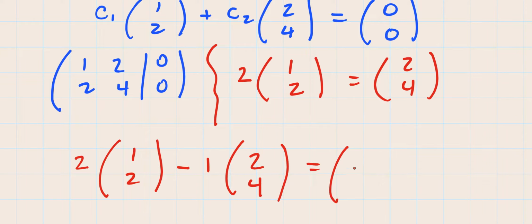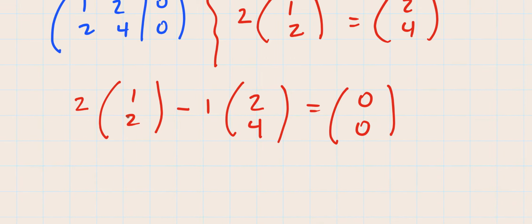That gives me the 0 vector. So I get a non-zero solution for C1 and for C2. So C1 is equal to 2, and C2 is equal to negative 1.